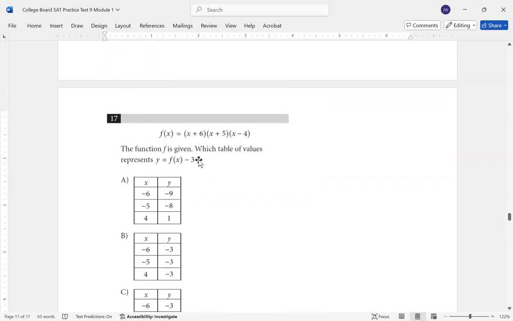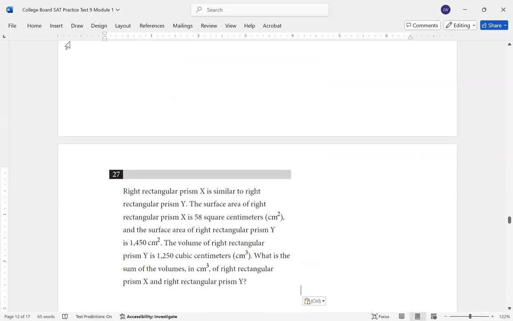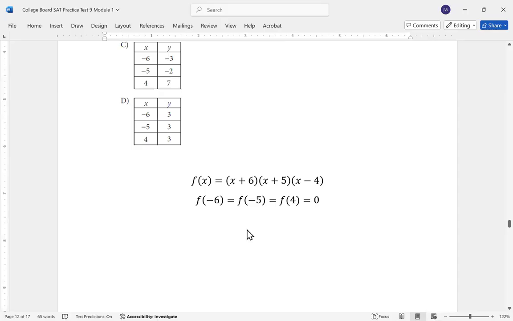Now notice that we're asking for which table of values give you f of x minus 3. So what would happen if I took that exact same equation and just subtracted 3 from all of the outputs?